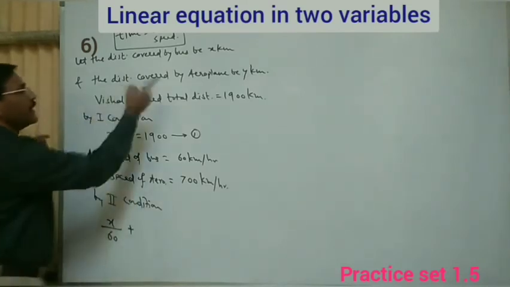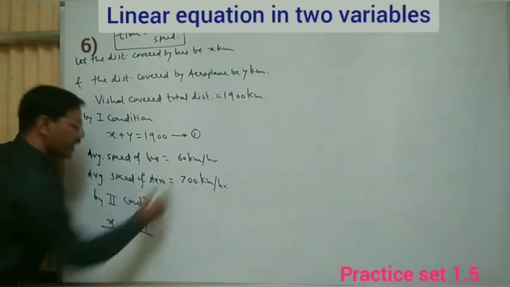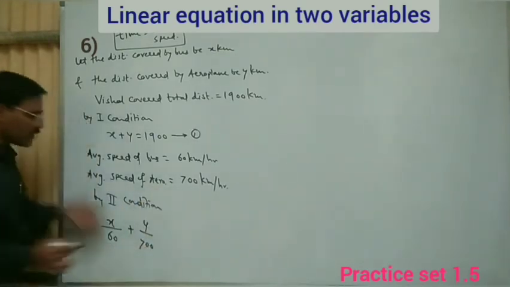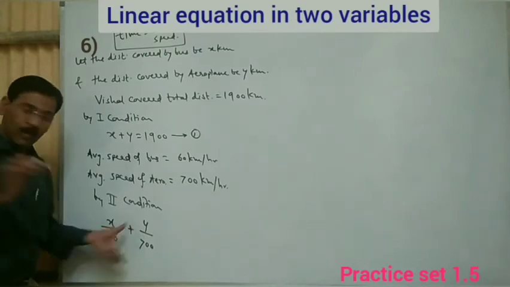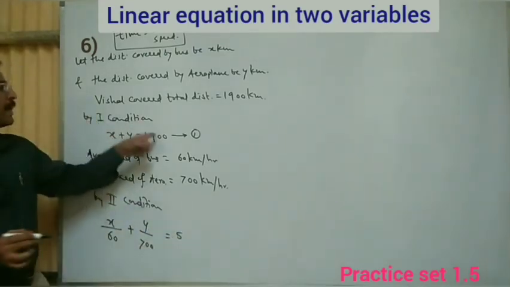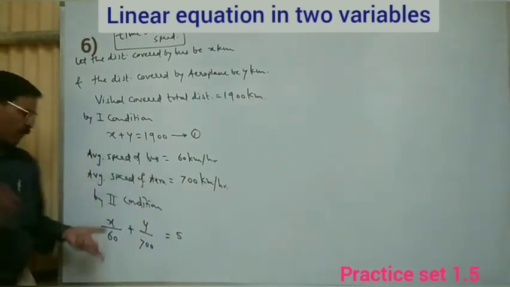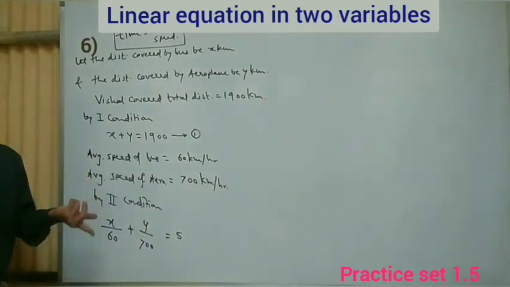Plus, again, distance covered by aeroplane y, with speed 700, so this much time for aeroplane. So for both, he can cover the full 1900 kilometer in 5 hours. Like this. Okay. Once you get this one, next part becomes very much easy.